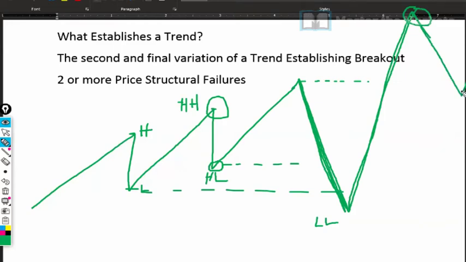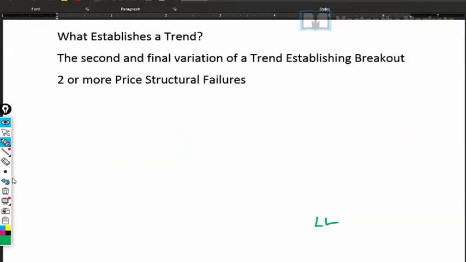and continuing this trend. So let's do this with a downtrending market.